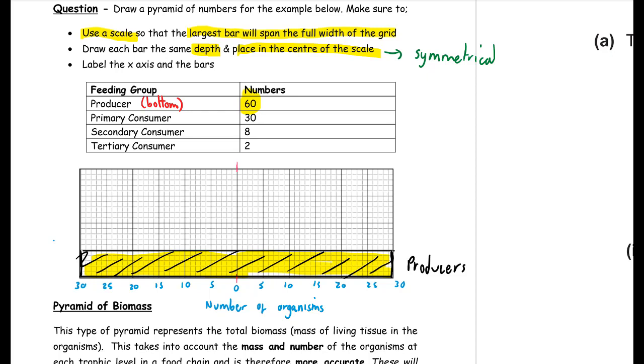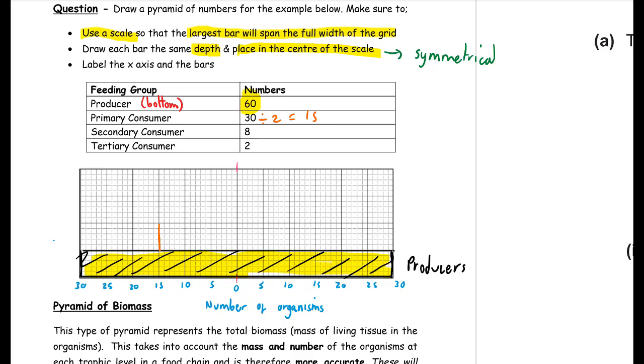Okay, now the next thing we need to do is plot the primary consumers. Again, it has to be centered and symmetrical. So 30 divided by 2 equals 15 on either side.